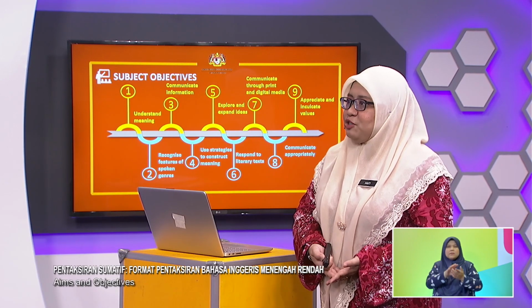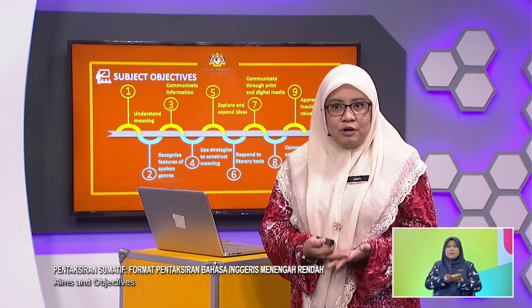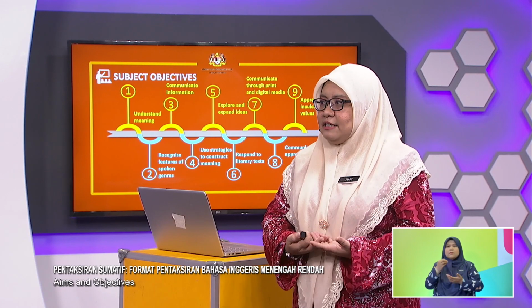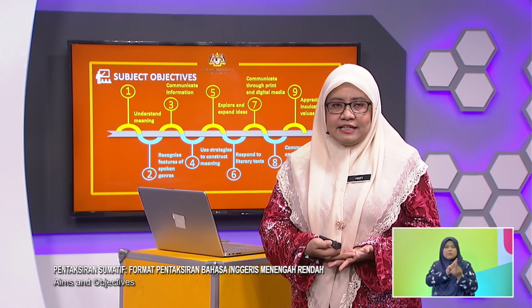For the objectives, the student should be able to understand meaning, to recognize features of spoken genres. Not only that, Chris, the students should be able to communicate information and use strategies to construct meaning. Besides this, the students are going to explore and expand their ideas, as well as responding to the literary text.